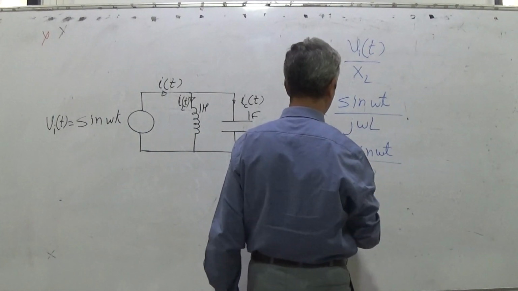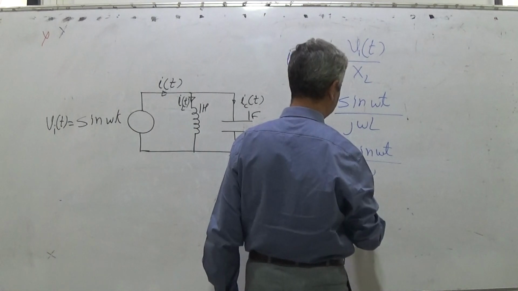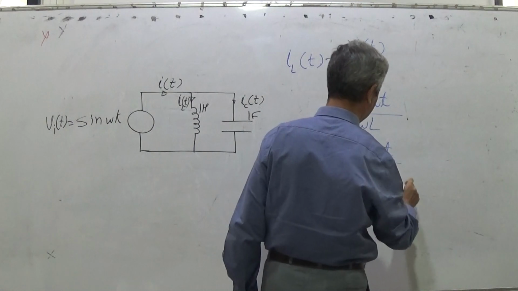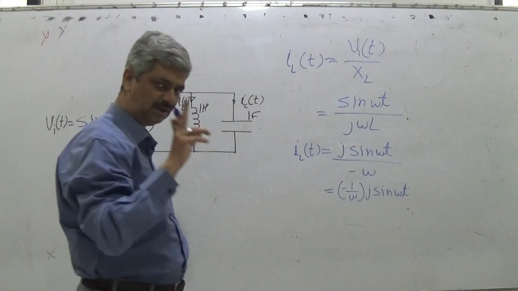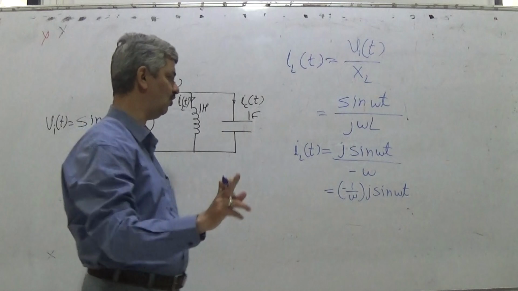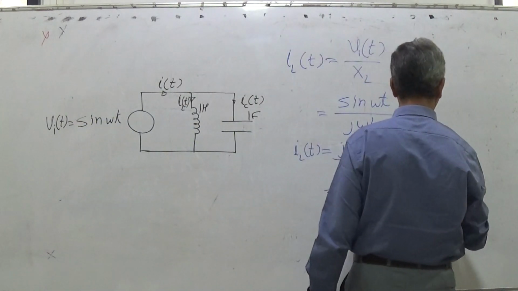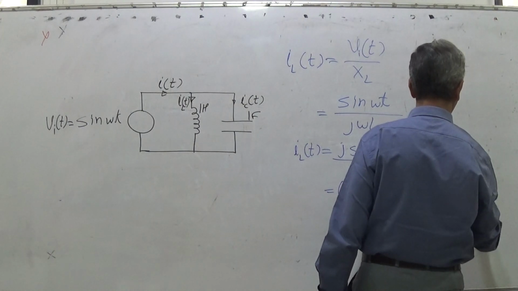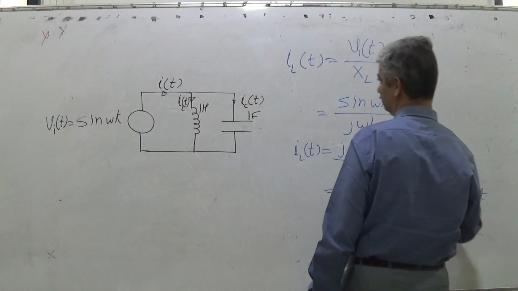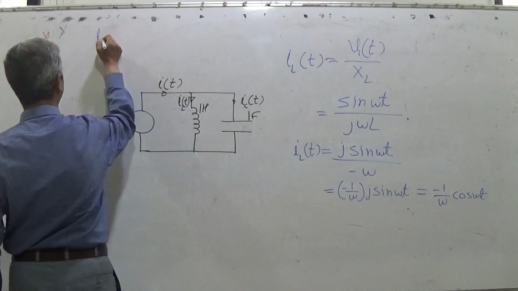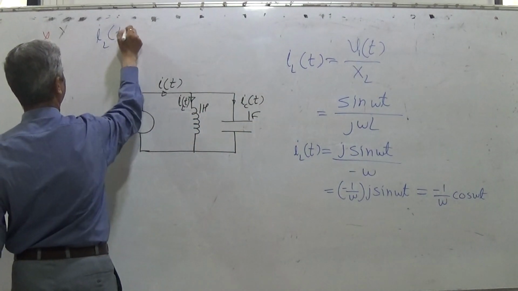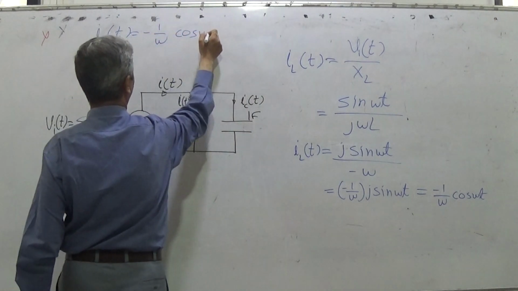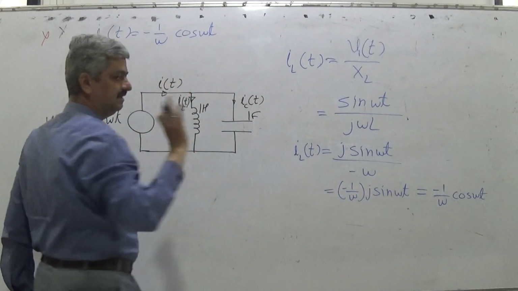So it is minus 1 upon omega J sine omega T, and what I know is J sine is cos, so it is minus 1 upon omega cos omega T. So I write here ILT is equal to minus 1 upon omega cos omega T. Is it clear now?